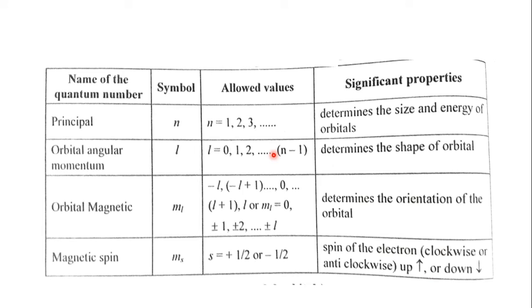The next is the magnetic spin quantum number, denoted by Ms. Ms has only two values, either plus 1 by 2 or minus 1 by 2. The spin of the electron is either clockwise or anti-clockwise.